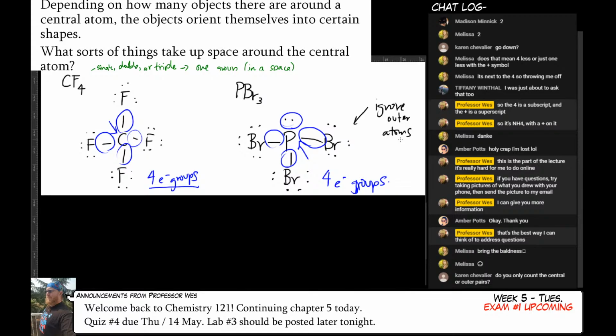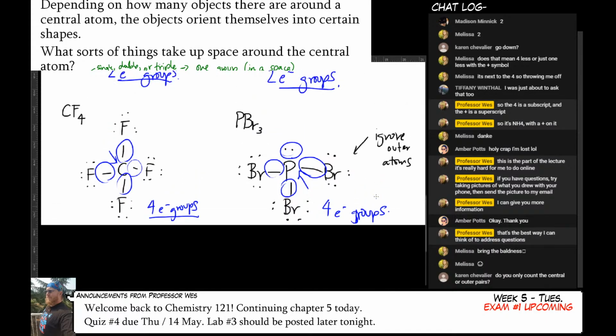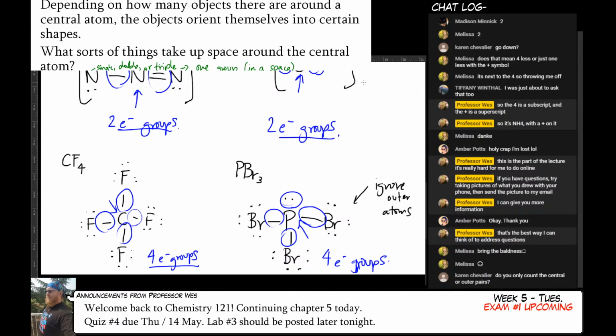We only care about the bonds to them, because the geometry is going to be dictated by what's in the center. And the reason for that is because if I draw my molecule like a space-filling model like this, so here's my central atom, and I have something going up, and then something going this way, and then something going this way. If this guy has electrons on it, it doesn't really matter because it doesn't affect the geometry.